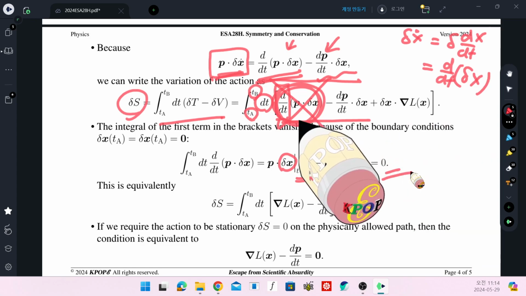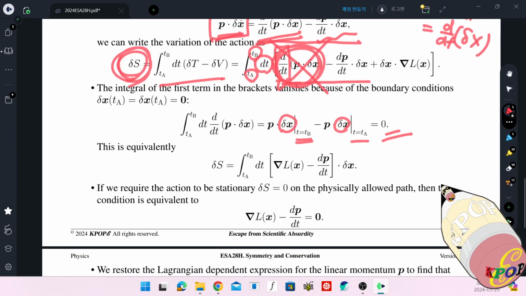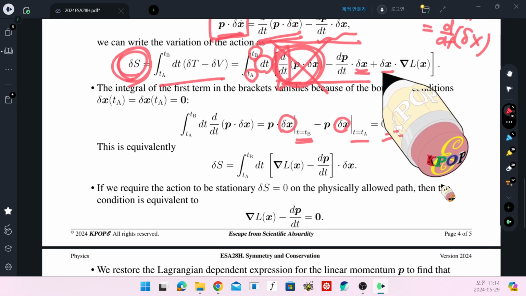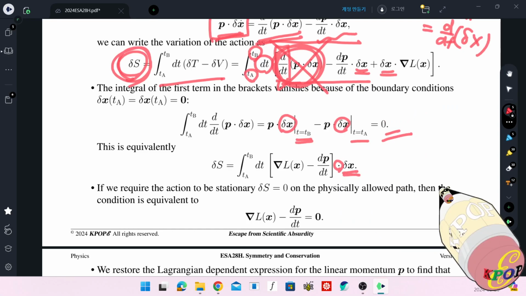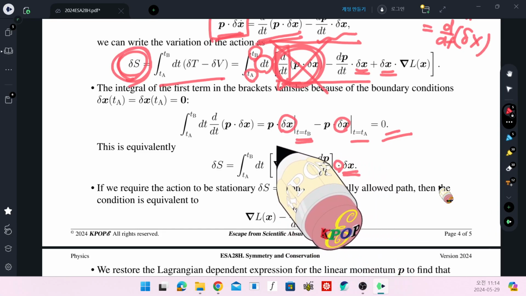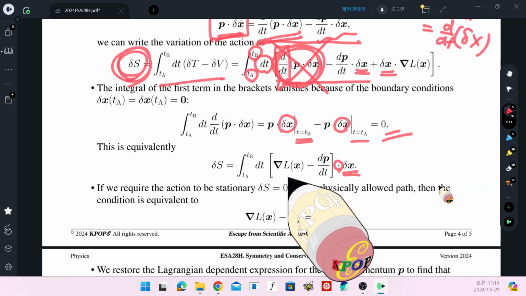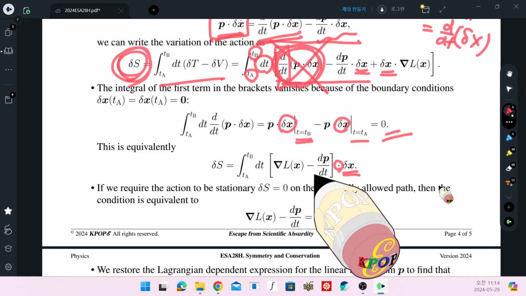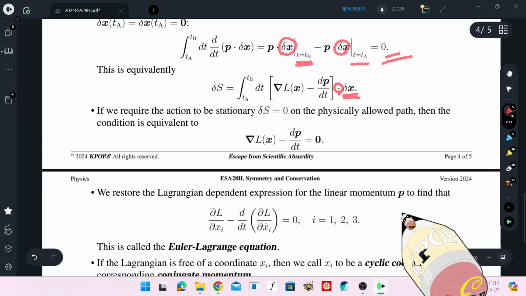Finally, what we have for delta S is a common factor, scalar product with a variation. And the vector that is multiplied to delta x is the gradient of the Lagrangian minus the force. That is the linear momentum's time derivative.